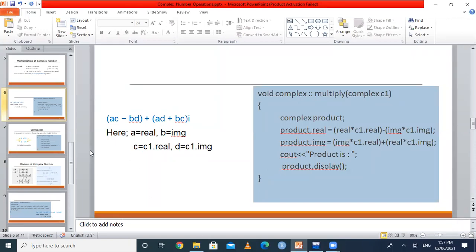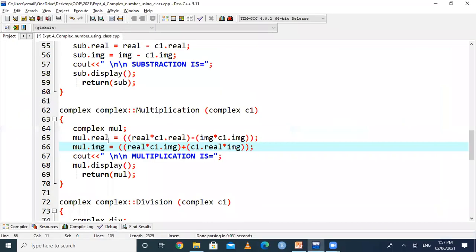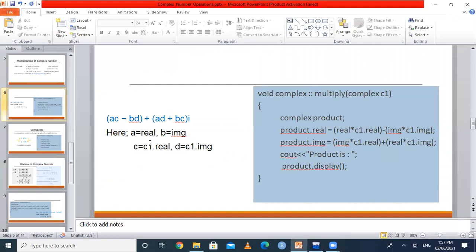So for the real part we write like this, and for the imaginary part we have to write real multiplied by c1 dot imaginary. So real is a multiplied by c1 dot imaginary.